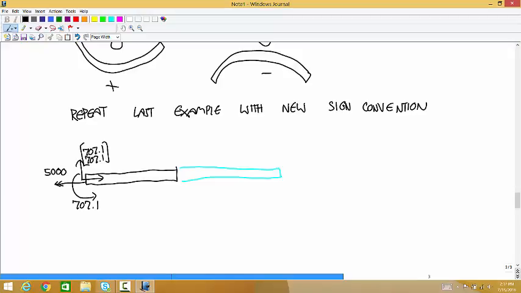And then we have our internal loads. And our internal loads are a T to the right, a V down, M about the Z-axis, and then fancy T to the right.